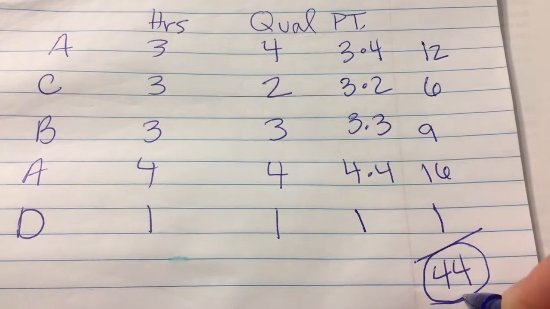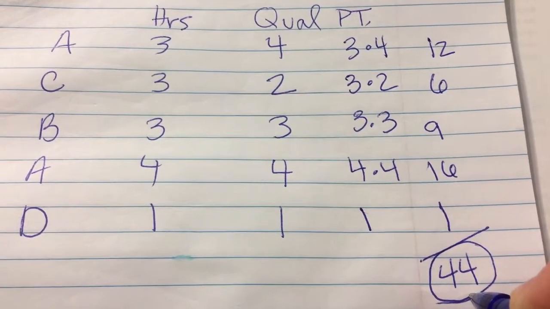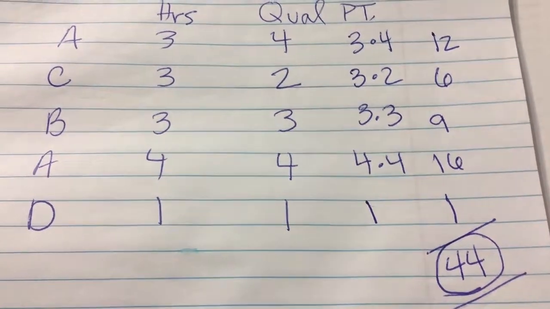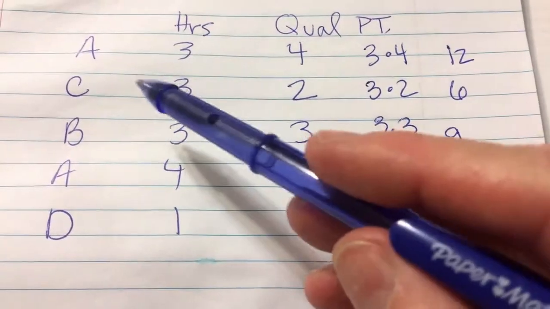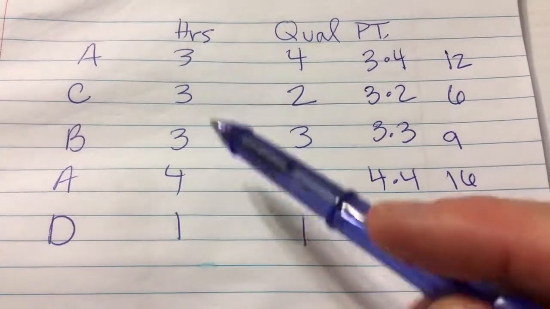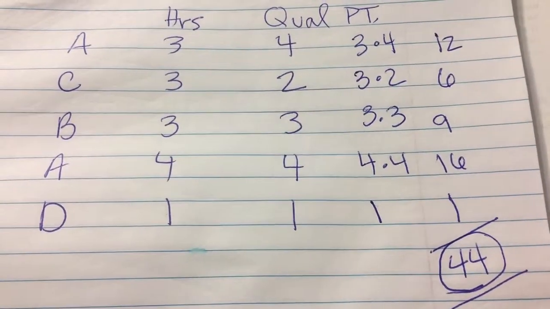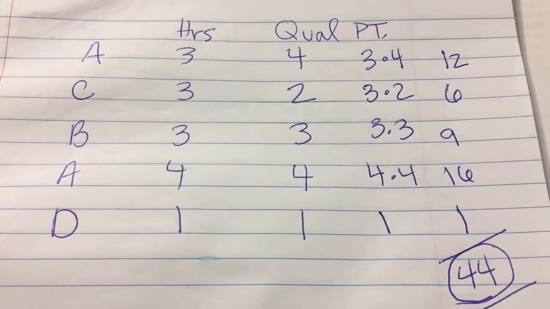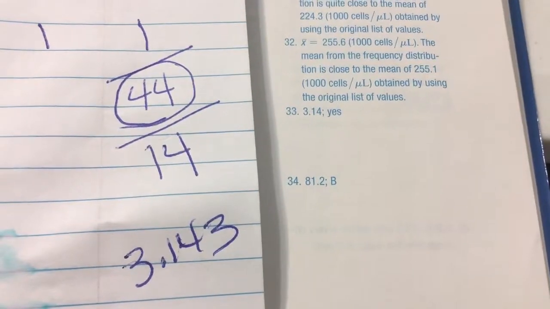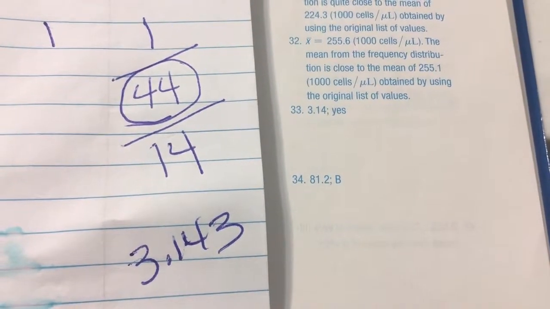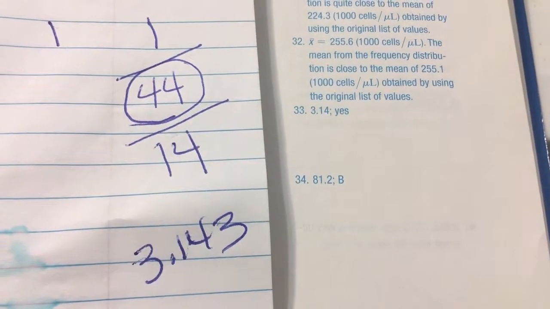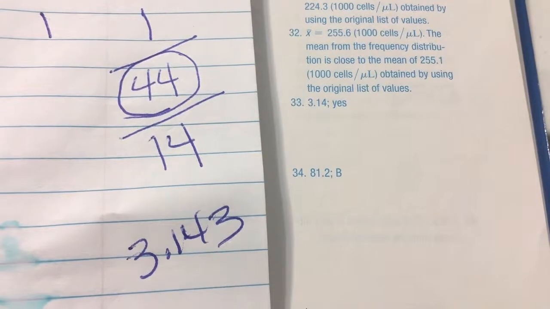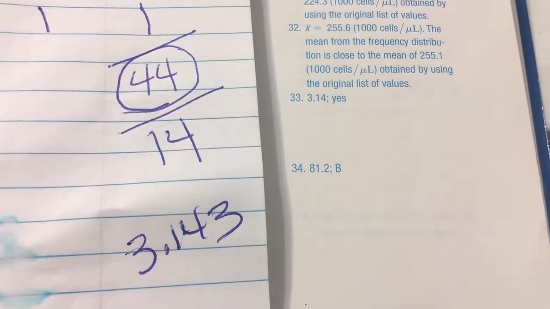And then he has to divide that by the number of hours that he has accounted for. So he has got 9, 10, 14 hours. So he's going to divide 44 by 14. When he does that, he's going to get 3.143. I just did that on my calculator. And he's rounding to 2 decimal places, so he's going to get a 3.14.